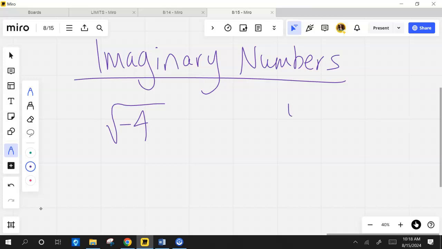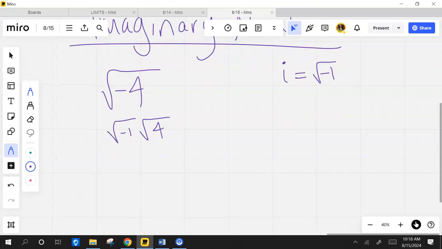I am going to say that the letter i represents the square root of -1. And if I let i be the square root of -1, then knowing what I know about how I can split these radicals up, I can make this the square root of -1 times the square root of 4. And I know that the square root of -1, I can put an i. And what's the square root of 4? 2. And so I could get 2i here.